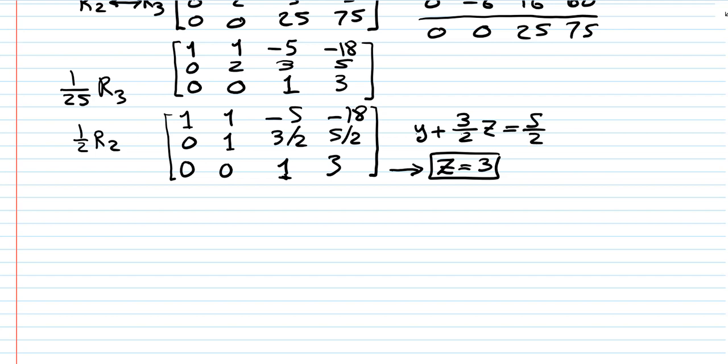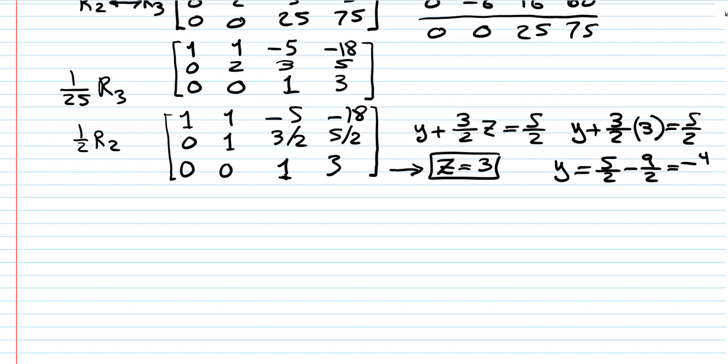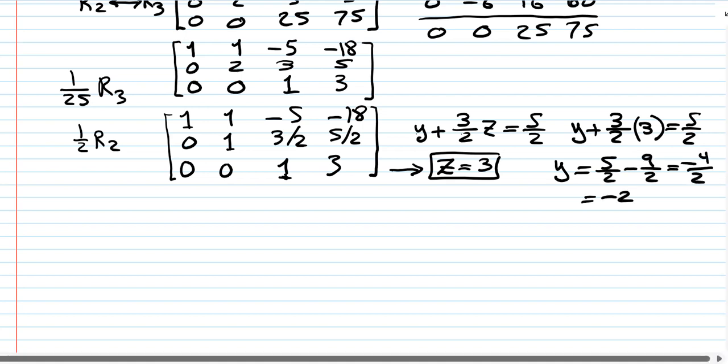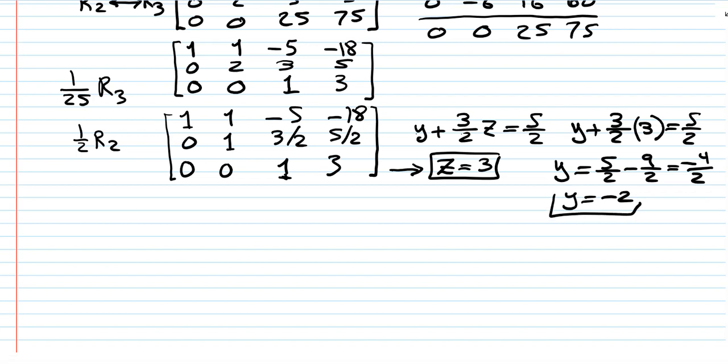Well, z is 3, right? So that's y plus 3/2 times 3 equals 5/2. 3 times 3/2 is 9/2, so subtract 9/2 from both sides. That gives you -4/2, which reduces to -2. Therefore, y is -2. And what is x?